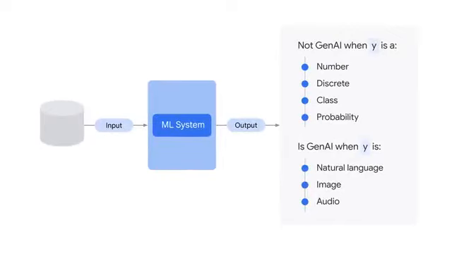It is not Gen AI when the output, or y, or label, is a number or a class, for example, spam or not spam, or a probability. It is Gen AI when the output is natural language, like speech or text, an image, or audio, for example.